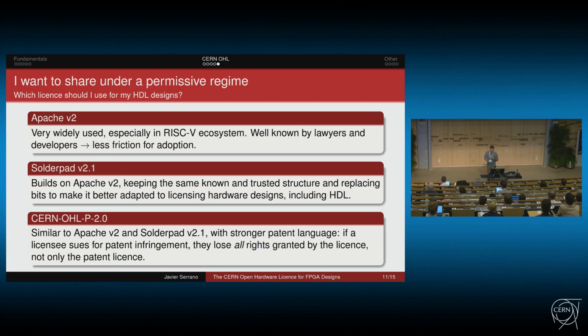In CERN OHL-P, you will lose also all the rights in the license, including the copyright. I think it is a substantial difference because very, very often, I, as a licensor, will not be holding any patents. I have the copyright of my code. So I think the CERN OHL-P has more teeth, in a sense, than the Apache v2 and SolderPad 2.1.